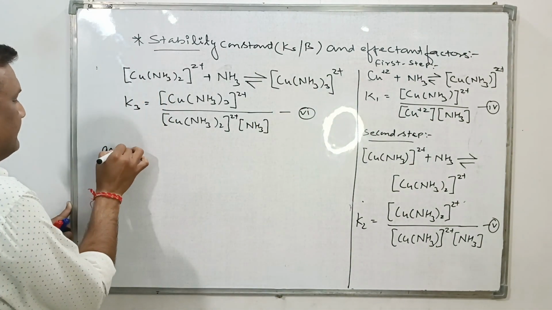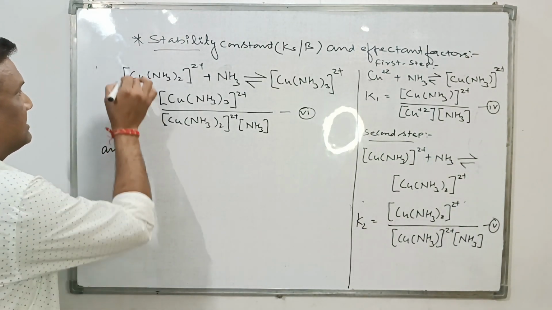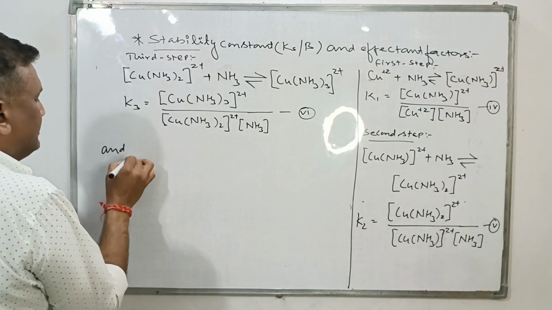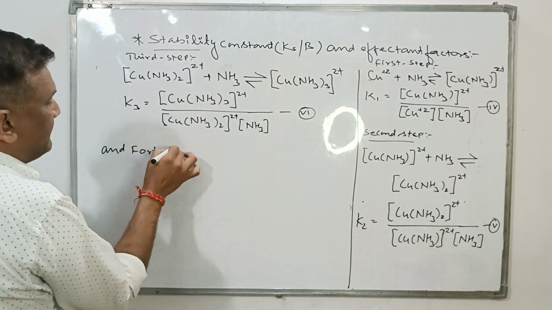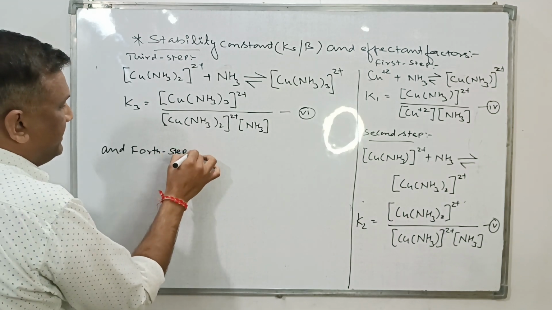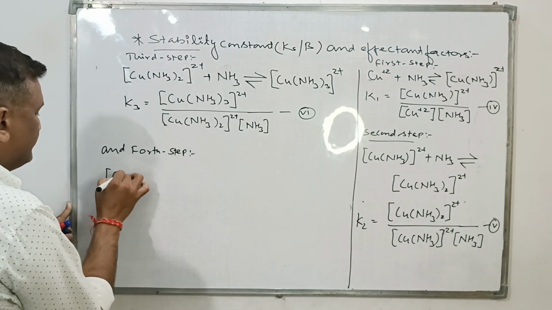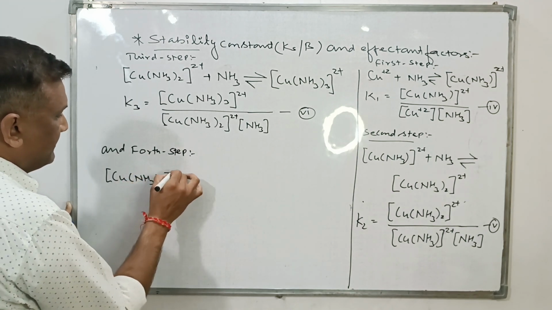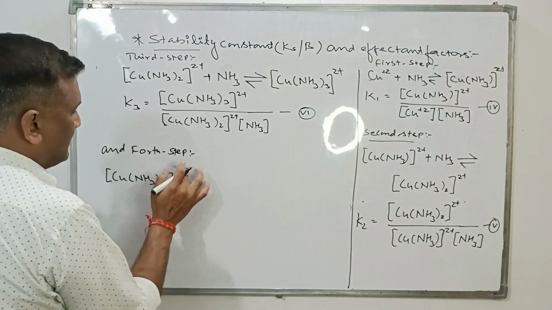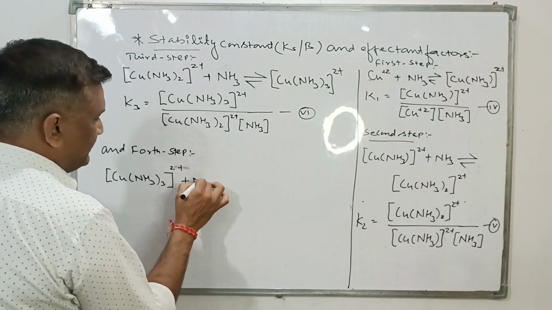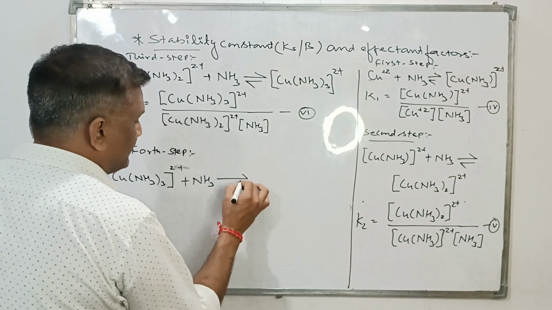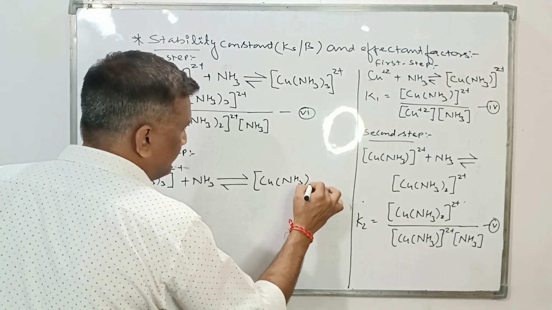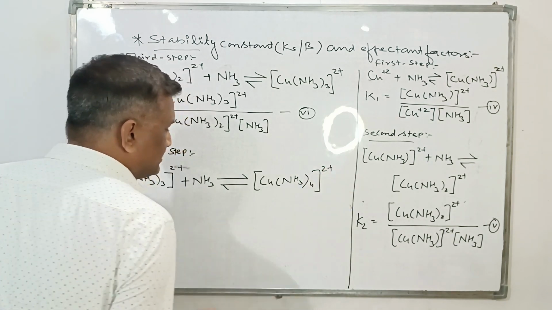And for K4, this is the third step, and regarding the fourth step, Cu(NH3)3 2 plus and one NH3 give you Cu(NH3)4 2 plus.